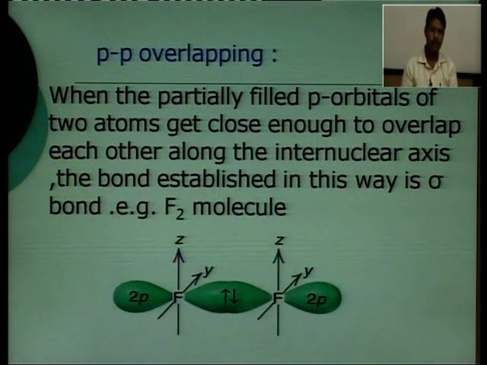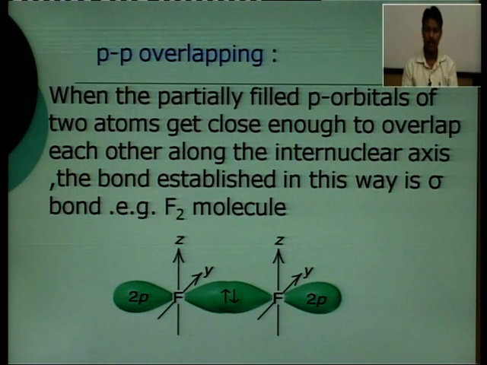The overlapping is shown at the internuclear axis. Where the fluorine atoms are written, you can assume them as nuclei, and the line joining them is the internuclear axis.